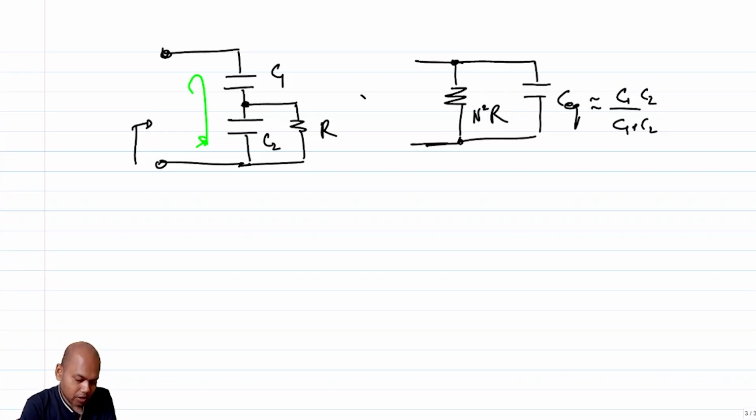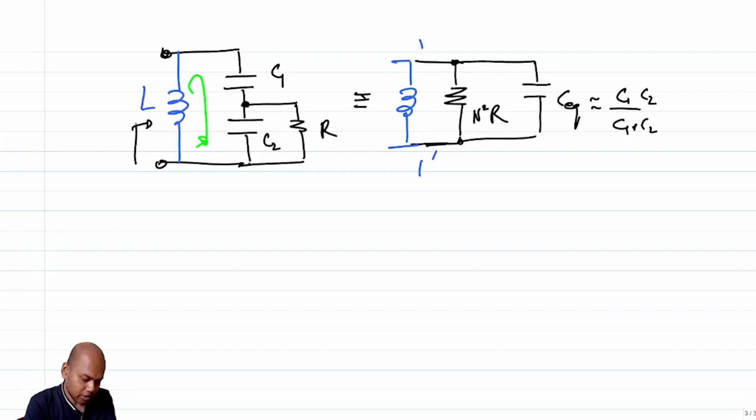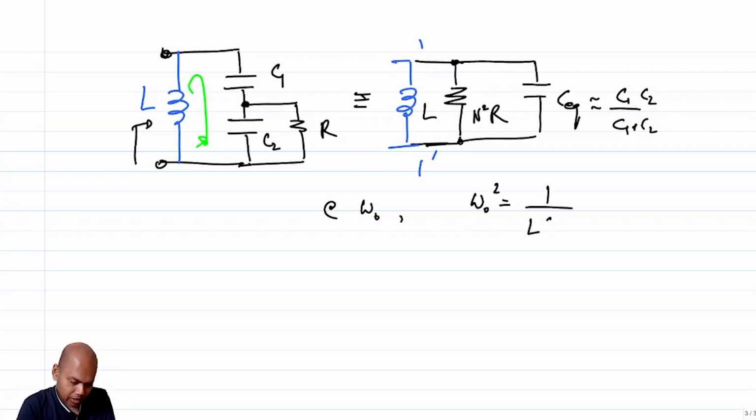Now if you want to resonate C equivalent out, you are going to put an inductor around this port, 1 prime, such that at omega naught, L omega naught squared is 1 by L times C equivalent. Then you would naturally see an upconverted impedance between 1 and 1 prime.